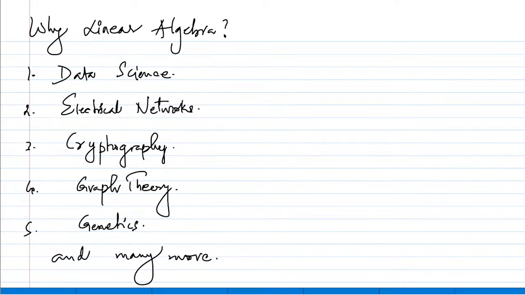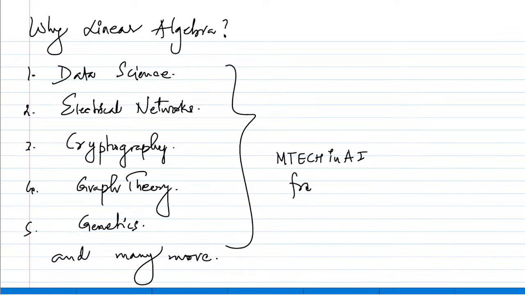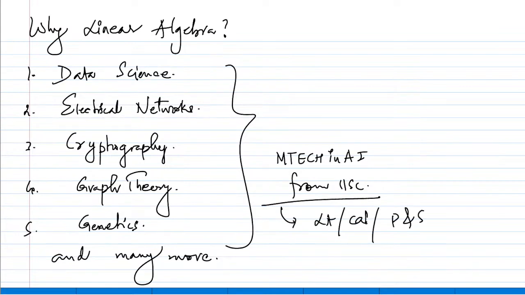Let me also tell you very proudly that I'm taking AI from ISC, if you want to pursue it. The syllabus is only linear algebra, calculus, and probability and statistics. These three topics are there. So if you attend my session, you can directly get into AI.